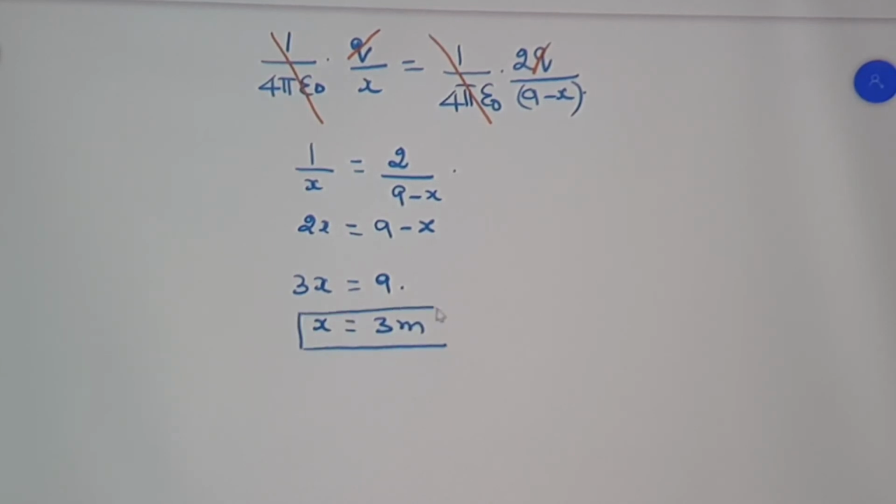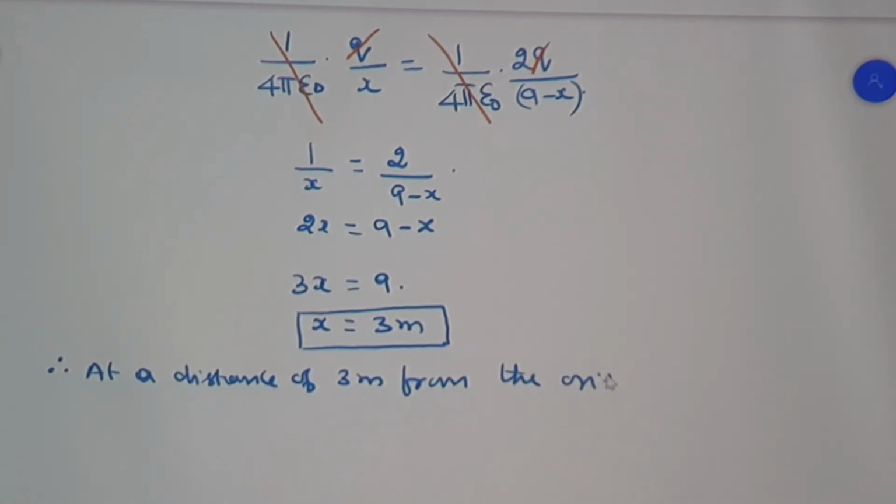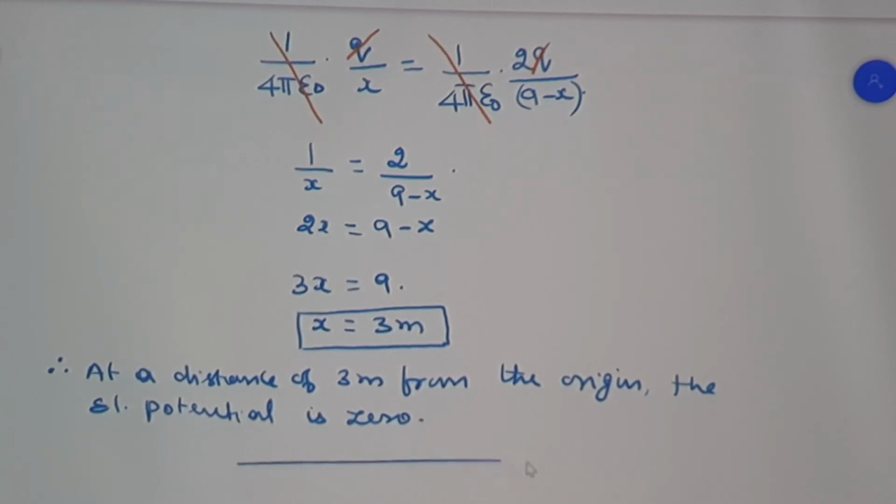So this is the answer, the distance of point P from O. Therefore, at a distance of 3 meters from the origin, the electric potential is 0.